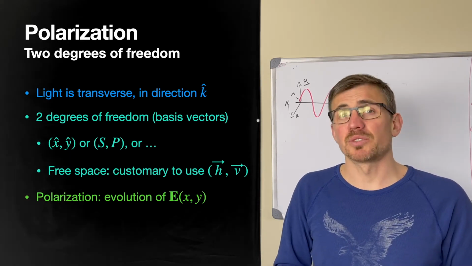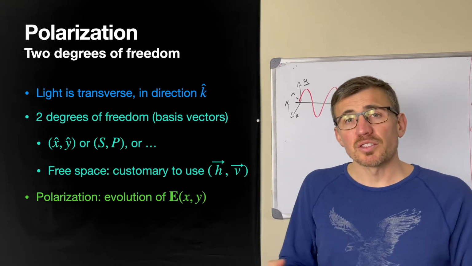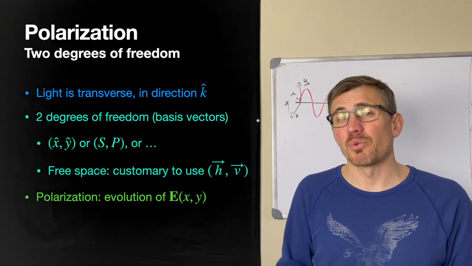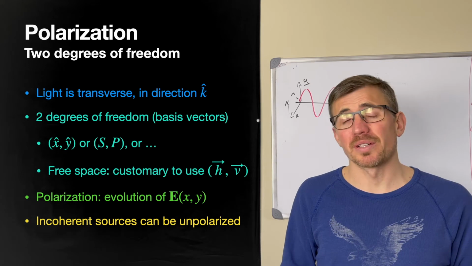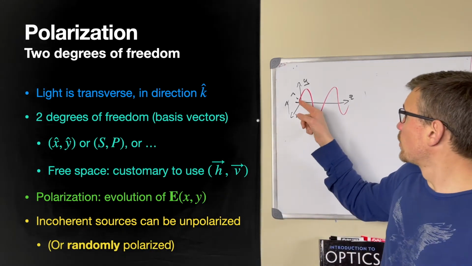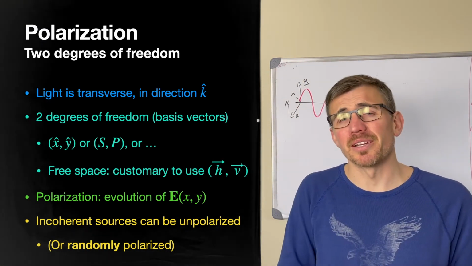On the other hand, some sources themselves are naturally polarized, such as a laser. And other sources we can polarize with a device called a polarizer, which we'll talk about a bit today and more next video. But we can have unpolarized light, or more technically, randomly polarized light, where that evolution is not up and down sinusoidally, but is all over the place. We'll talk about that a bit later.